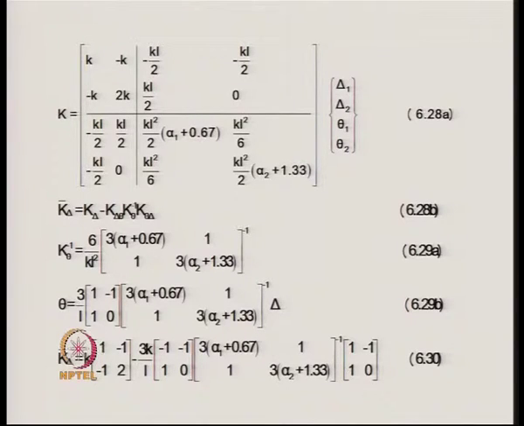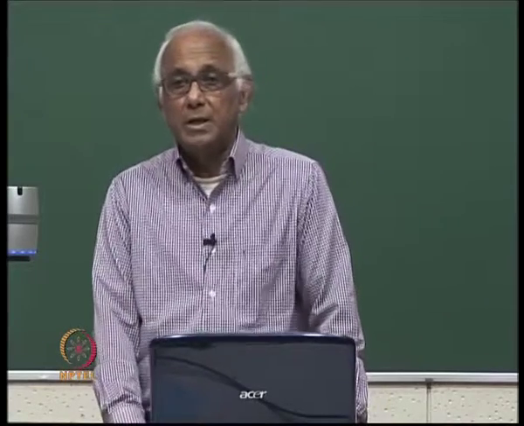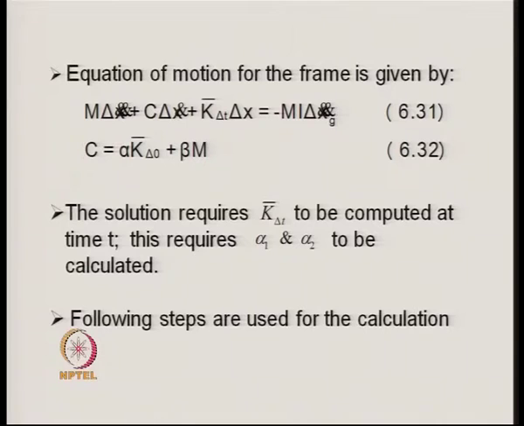Therefore, alpha 1 and alpha 2 are to be calculated at every step of the incremental loading. Now, the equation of motion of the frame can be written in this particular way, that is m delta x double dot, c delta x dot, plus k bar delta t delta x.